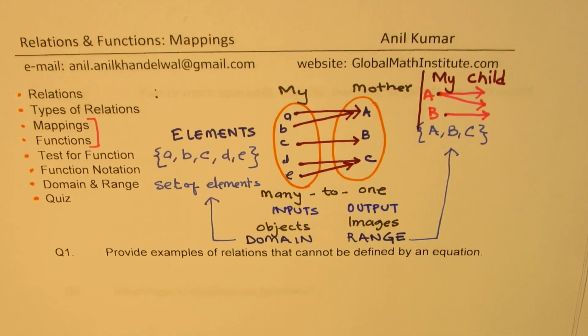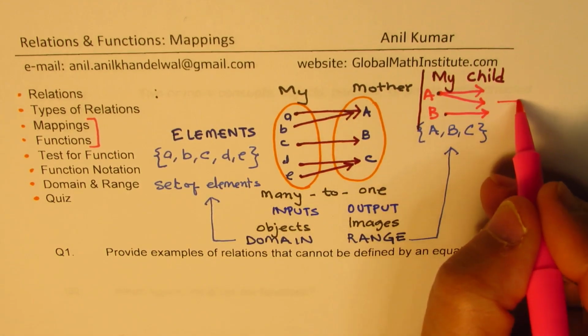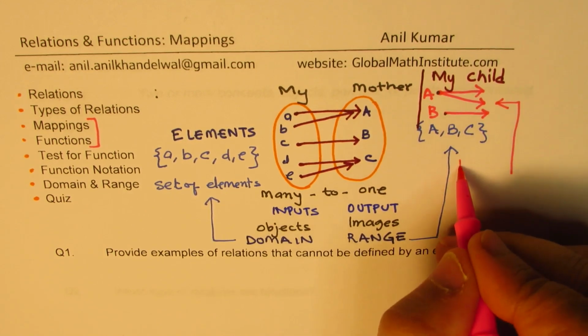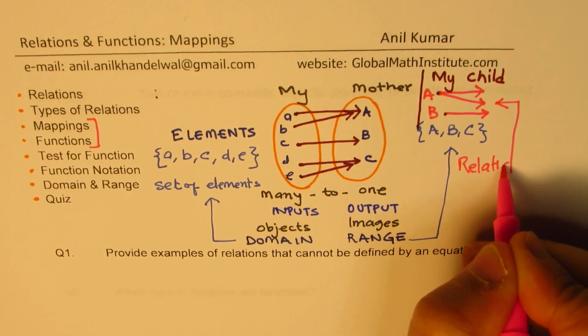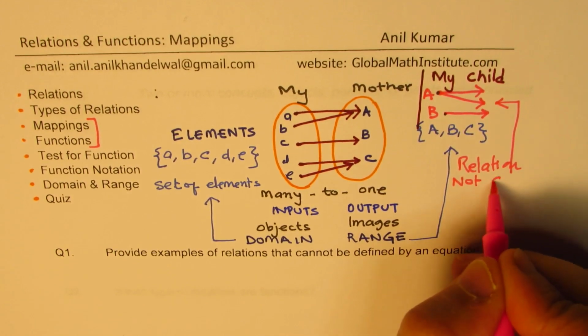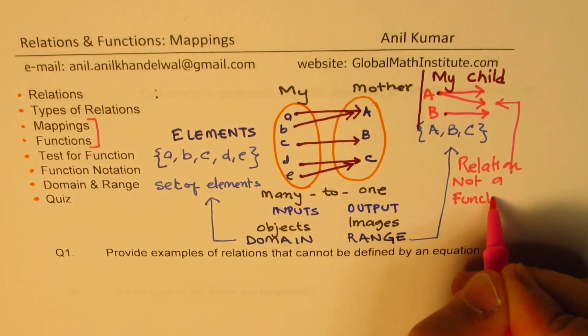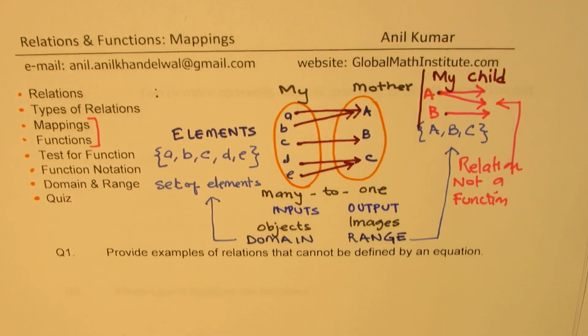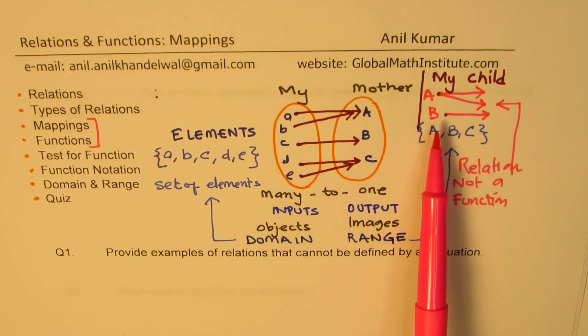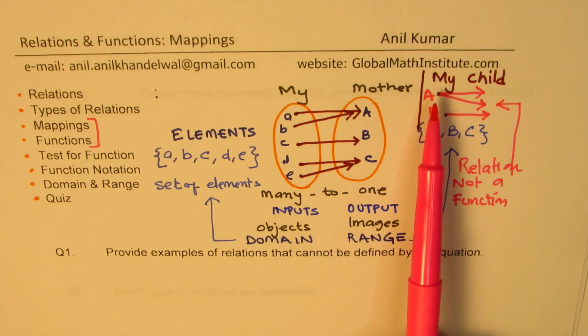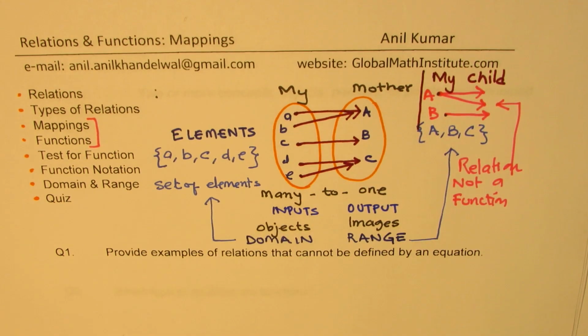Correct? So in that case, what we have here is a relation, not a function. Reason being that one element has been related to more than one, right? So when the mother says my child is a good student, we don't know which child the mother is talking about.